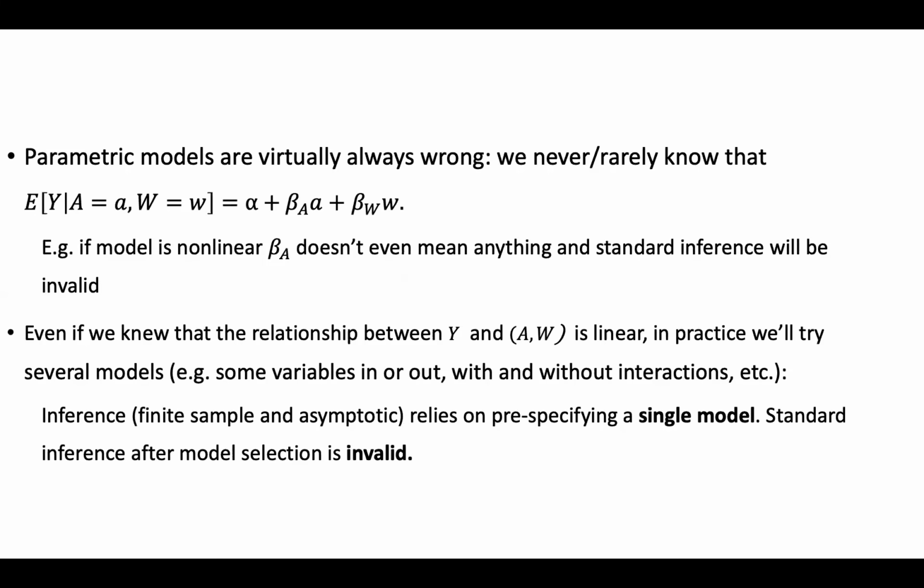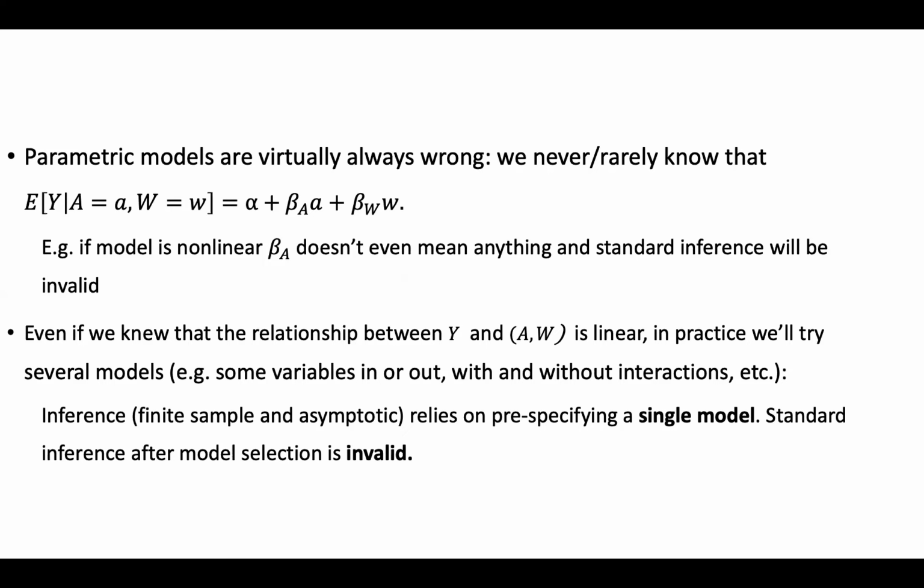As I mentioned, we don't believe the linear model, and if we computed the average treatment effect based on a linear model and we are misspecified, all of the inferences will be invalid.